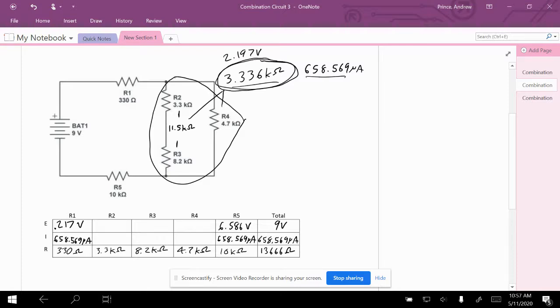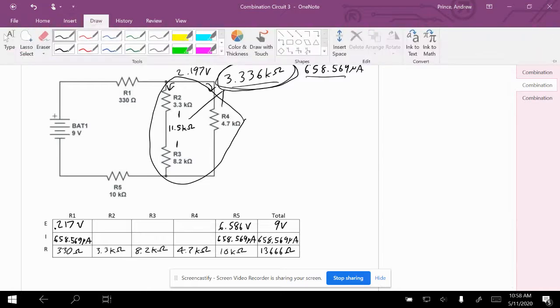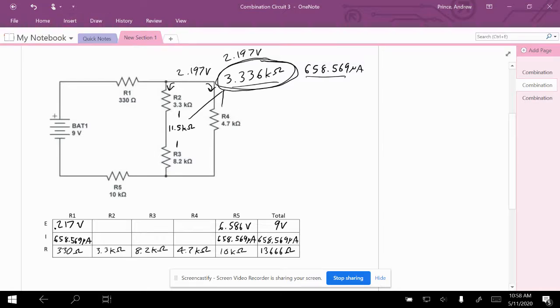Now that 2.197 is going to go down both branches. Since R4 is by itself and not in series with anything, it has the same voltage as the one going down that branch. So R4 is going to be 2.197 volts.